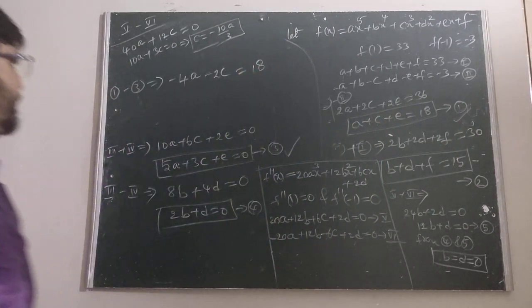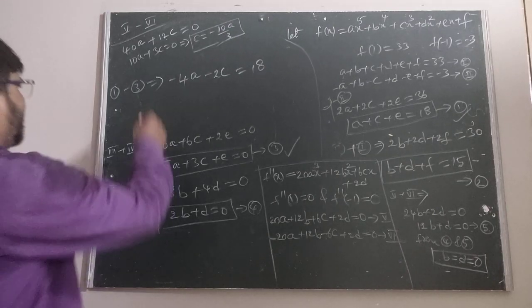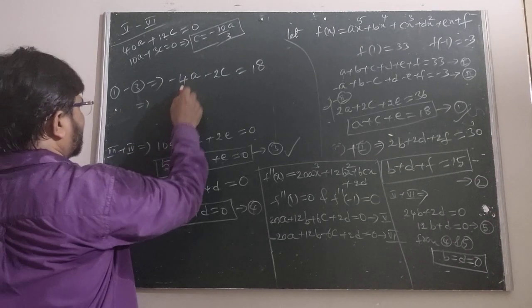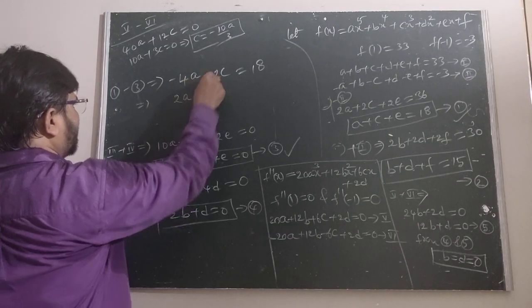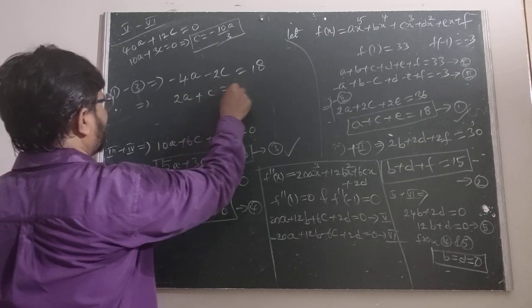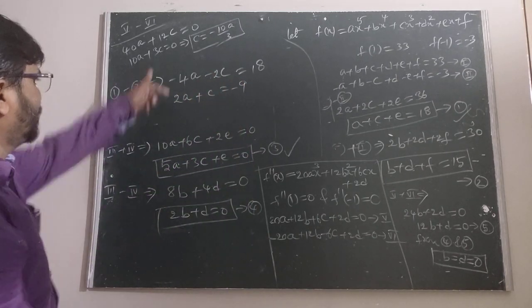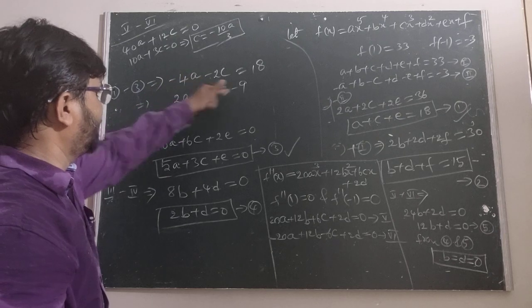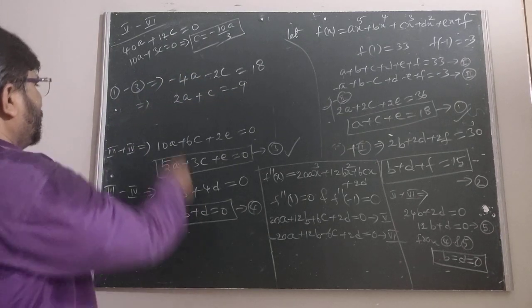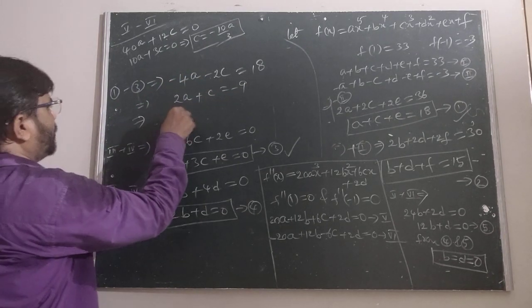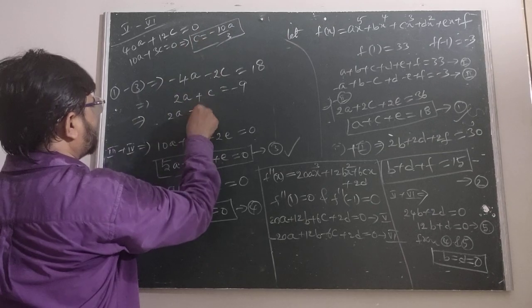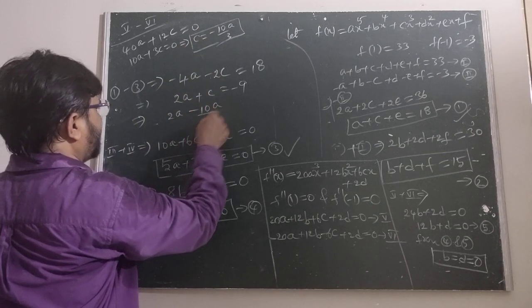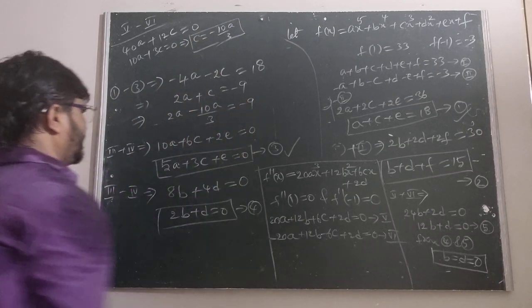Now it is divided by 2. We get 2a minus c equals minus 9. Now substituting c, 2a minus 10a by 3 equals minus 9.